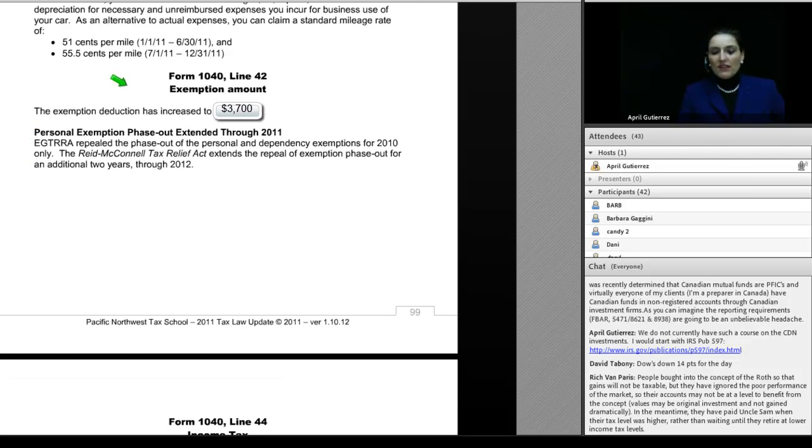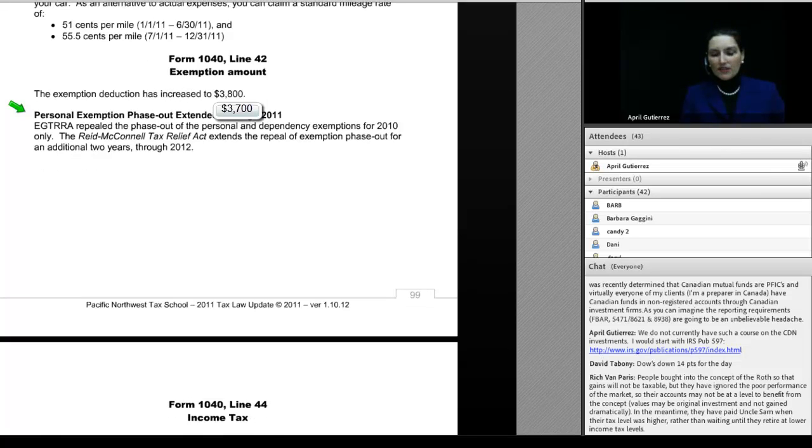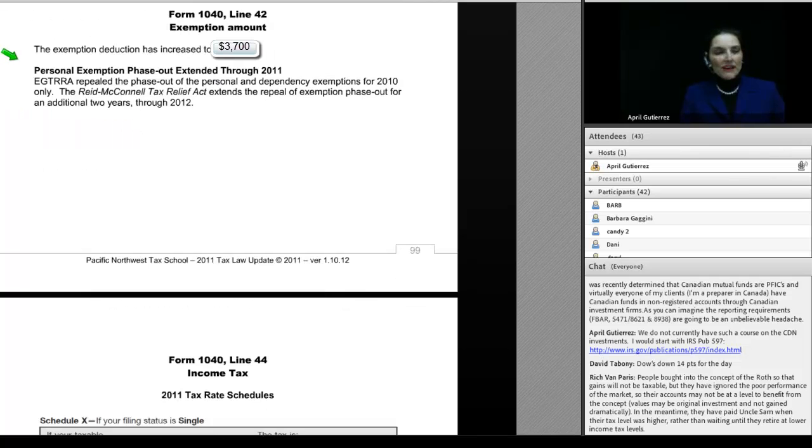Form 1040, line 42, this is where we claim our exemption deduction, and that also was not changed for 2 years. We had the same number for 2 years, but it did go up. For 2011, the amount is now $3,700. Also, remember that EGTRRA Act? It had removed the phase-out of the exemption deduction for tax years 2009 and 2010.